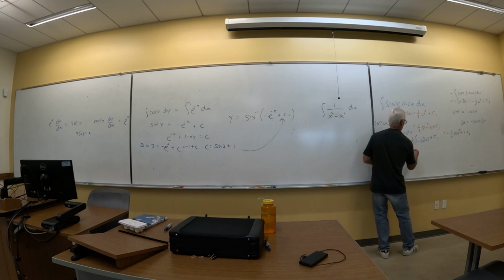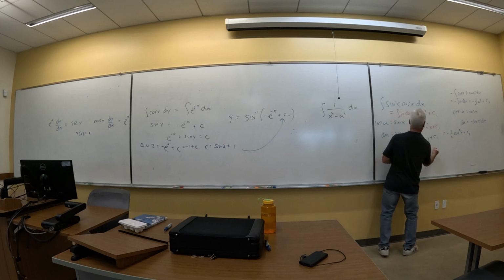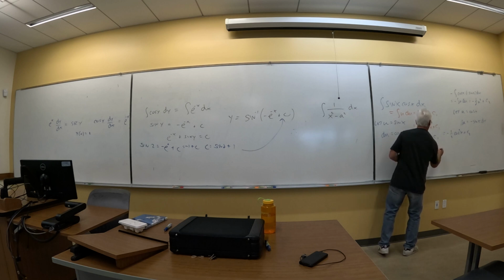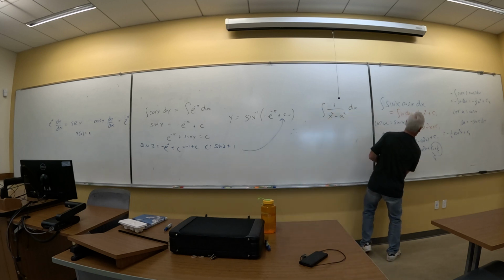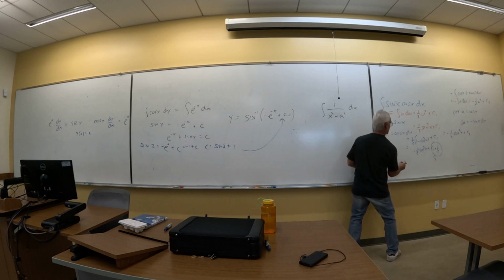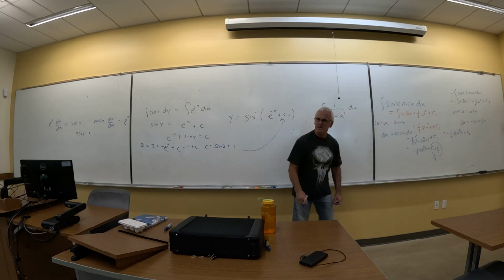And if I do that, I'm going to get 1/2 minus 1/2 cos squared x plus c1 plus 1/2. Well, why don't I just call that c2? Do we now have the same answer?